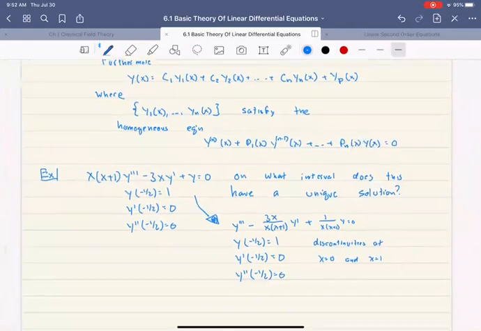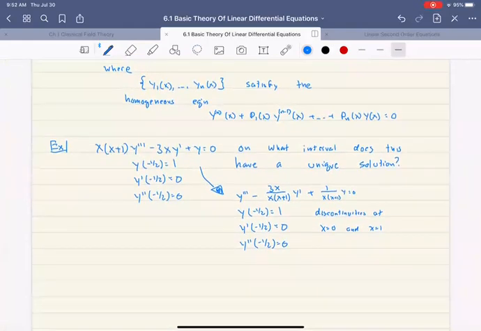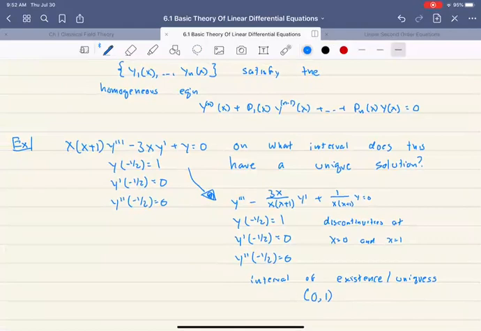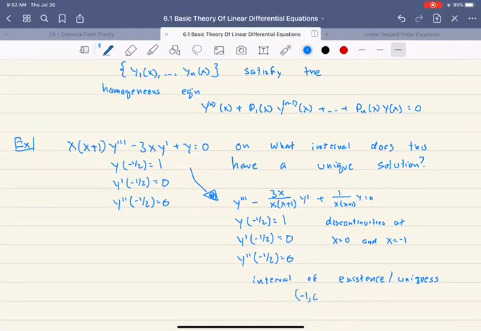So we say that our interval of existence is... actually, we are wrong, not 0, 1. It's negative 1 and 0. So the interval of existence and uniqueness is negative 1 to 0.